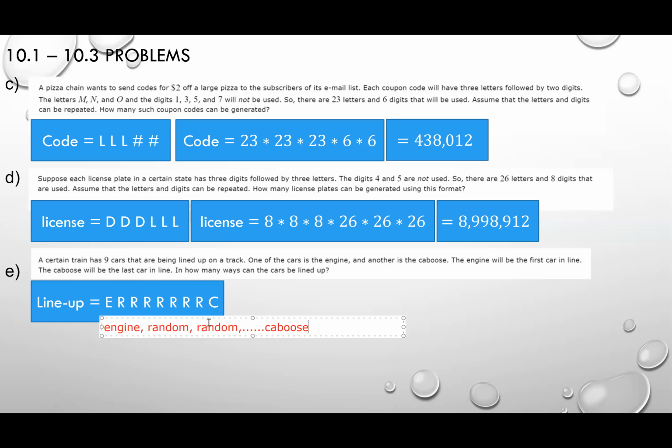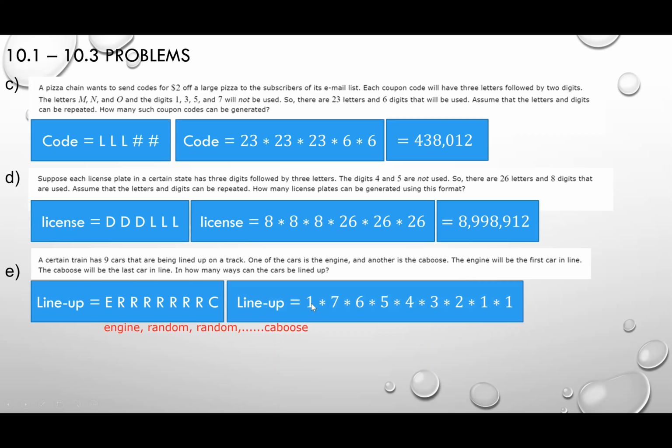Now, let me ask you, in terms of this thing here, do you see that I am forced? When I put this together, for my engine, I have only one choice, which is to put the engine first and the caboose last, okay? Because they only tell me that I need the engine first, and I need the caboose last.